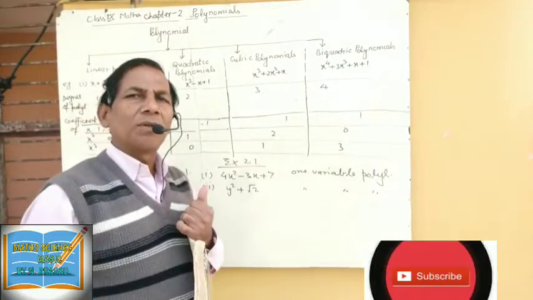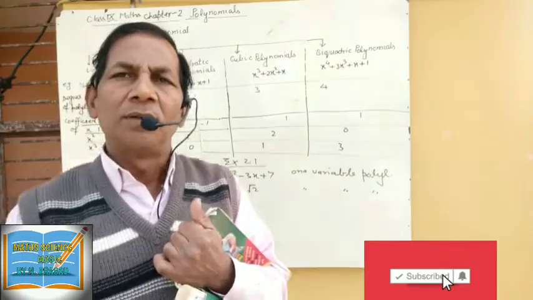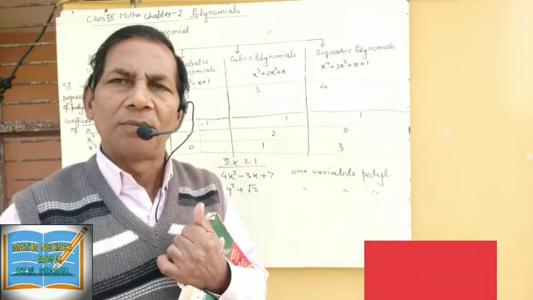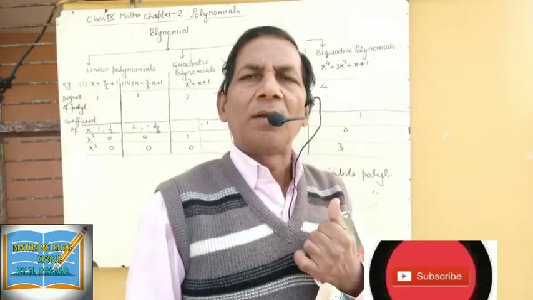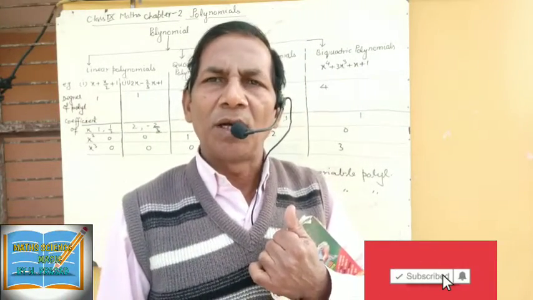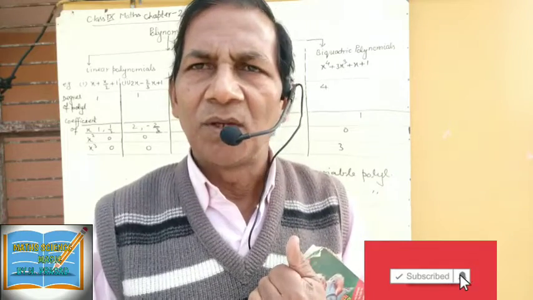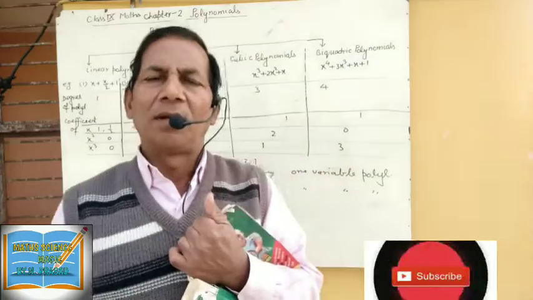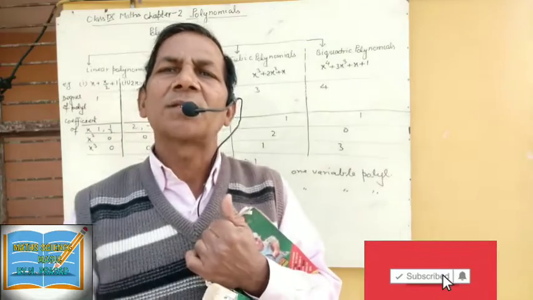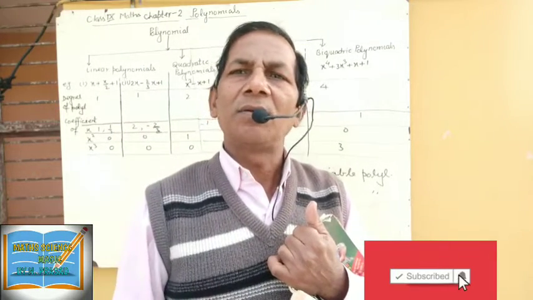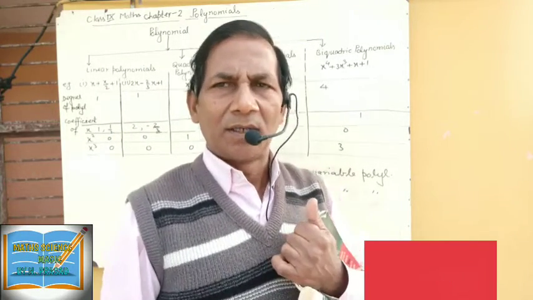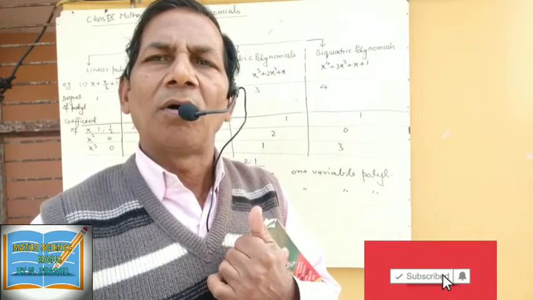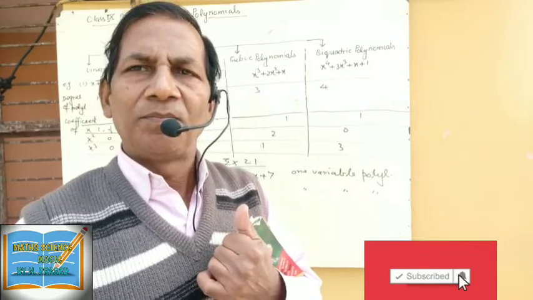If the exponent of the variable is not a whole number, then it is not a polynomial. I mean, if the exponent is a negative power, or a root power, or a fractional power, then it is not a whole number. That's why those will not be called polynomials.